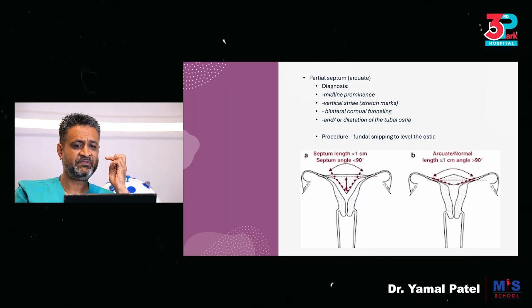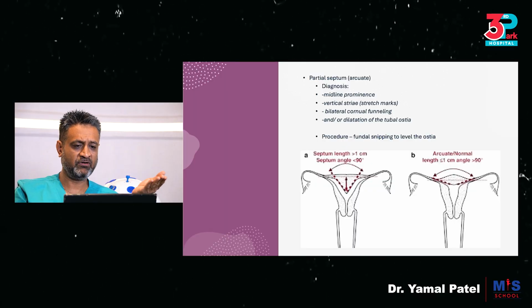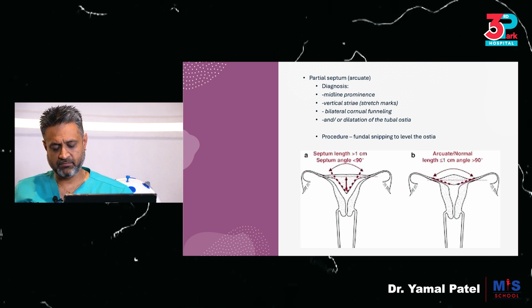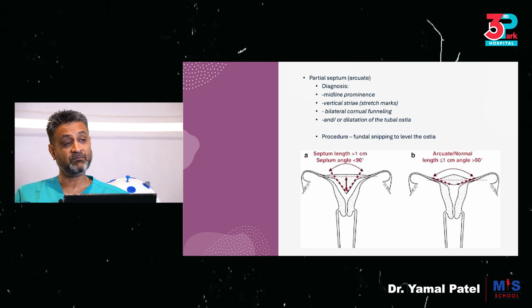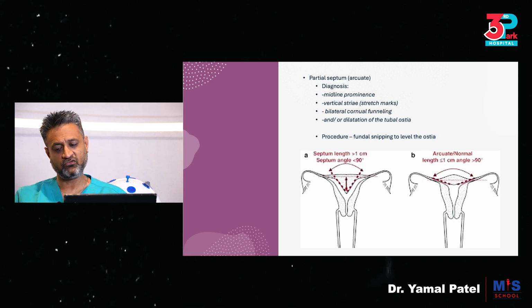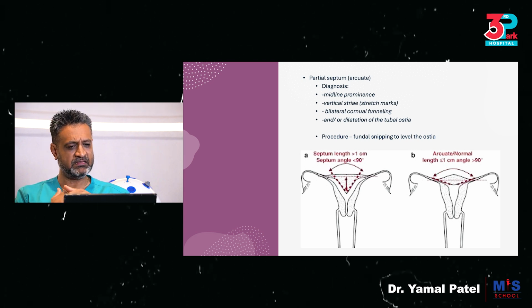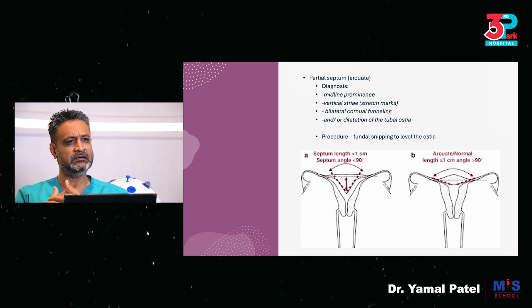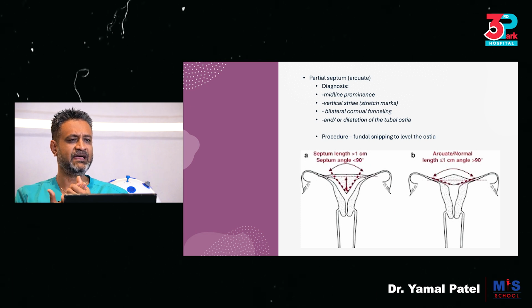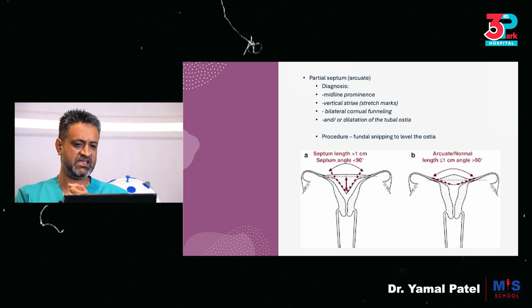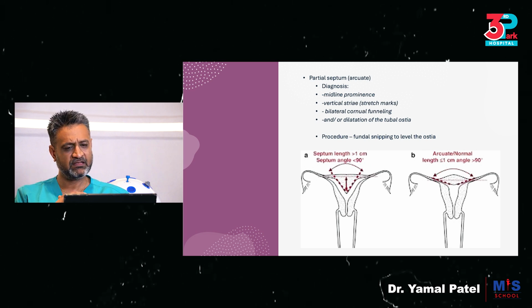In a partial septum, first of all, it's important to make sure that it's not a biconvex uterus you're trying to correct. So a 3D ultrasound or an MRI is the ideal modality of diagnosis that can be used to differentiate sometimes a septum from a bicornuate uterus.